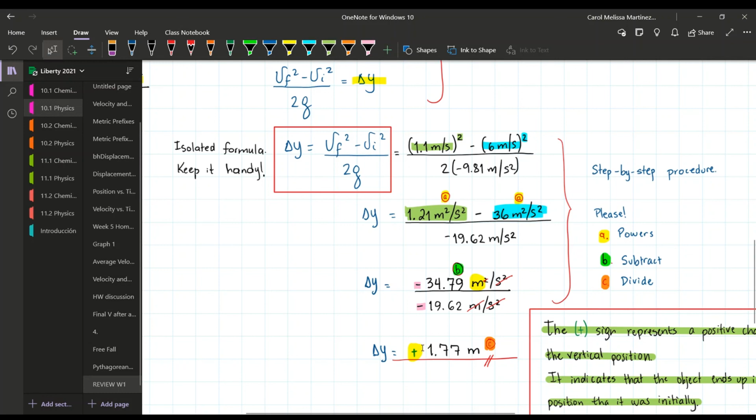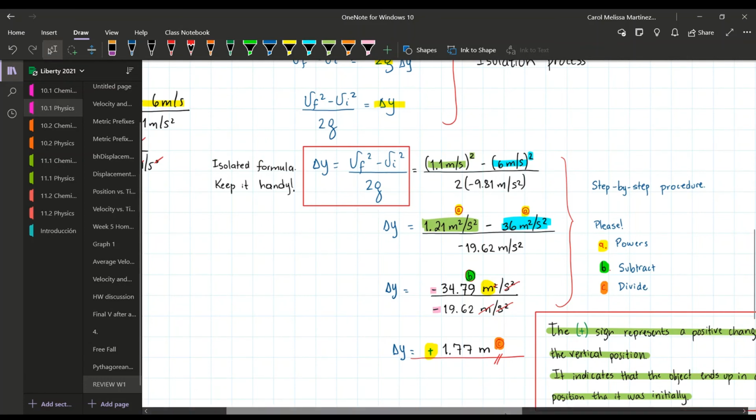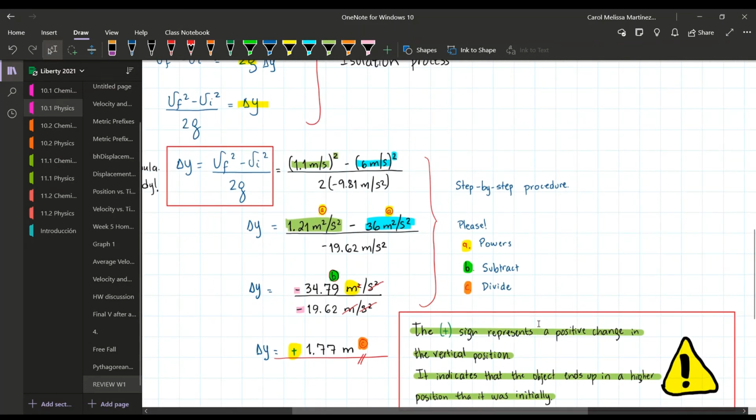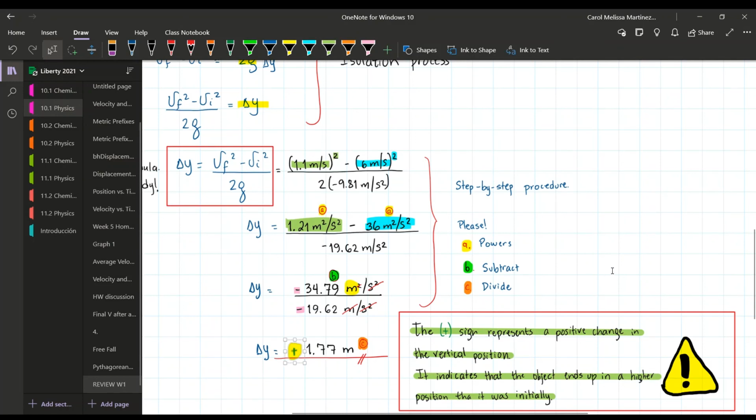Once you have done it, just analyze the answer. Okay? And now here I explain what the positive sign represents. This positive sign in your answer represents a positive change in the vertical position. So a positive change means that the object ends up in a higher position than it was initially.